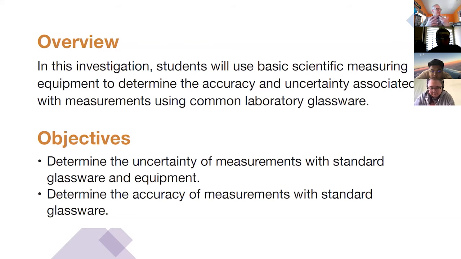So we're going to basically use all these different methods of measuring. We're going to use different pieces of equipment and see the precision and the accuracy and the uncertainty, because it's the uncertainty that's really key here.